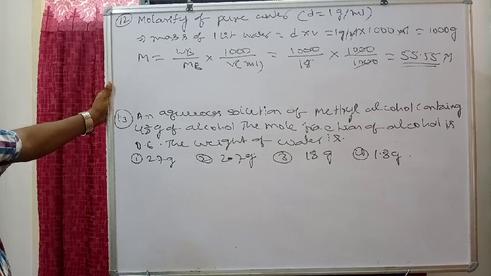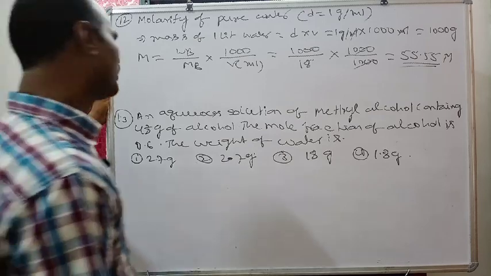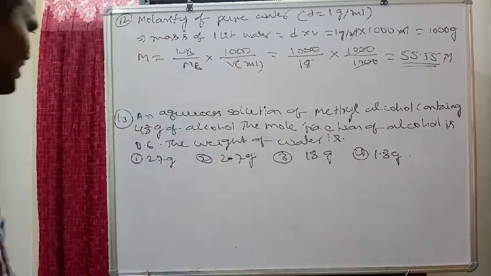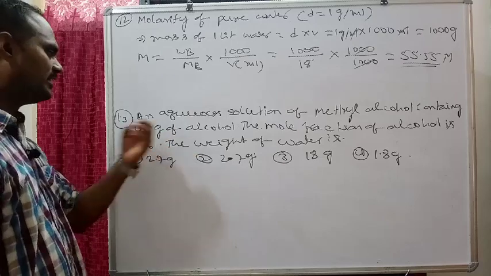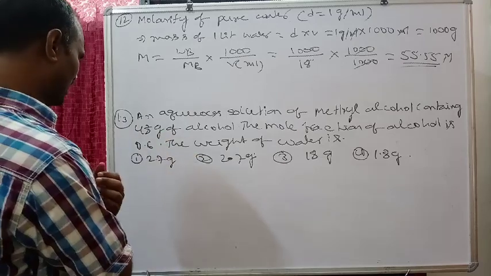Next one, an aqueous solution of methyl alcohol containing 48 grams of alcohol. Mole fraction of methyl alcohol is 0.6. The weight of the water is, first, water weight we are going to calculate.